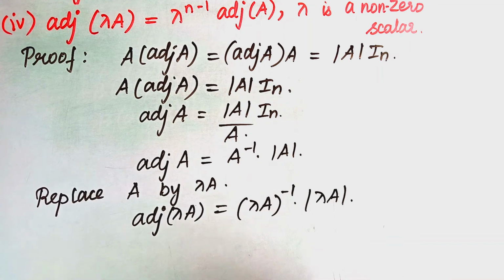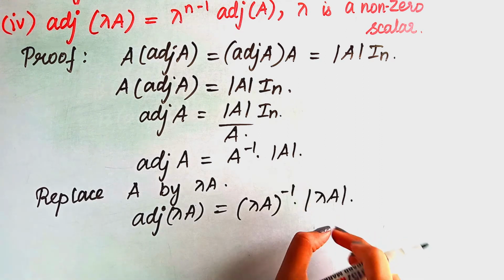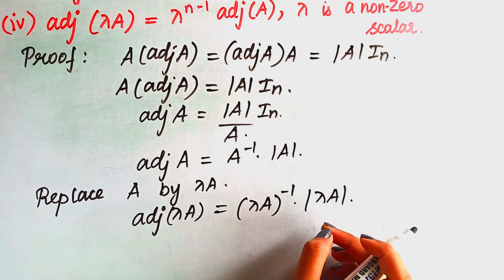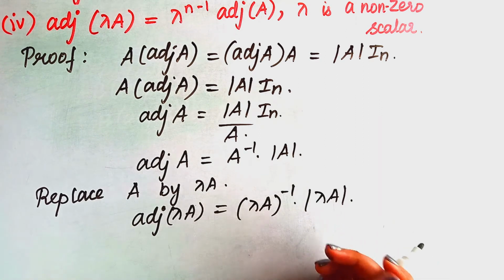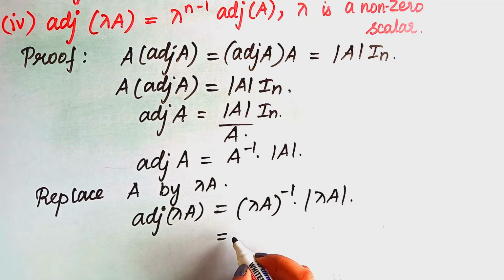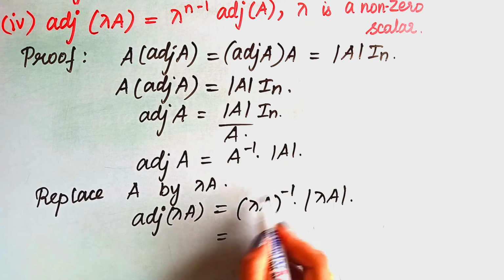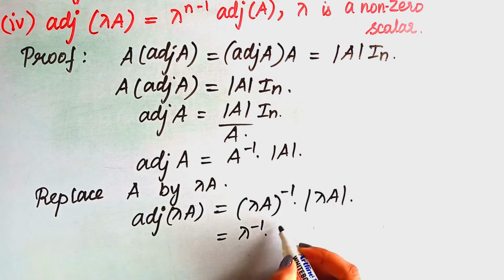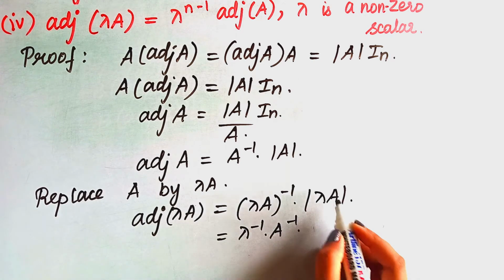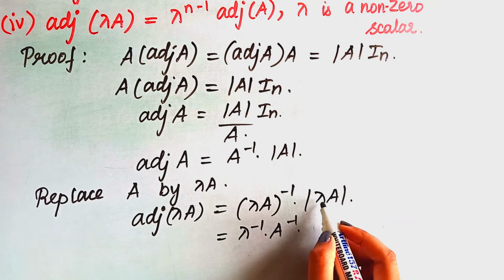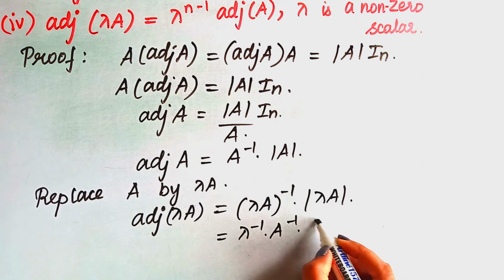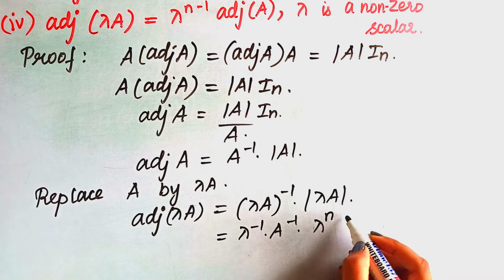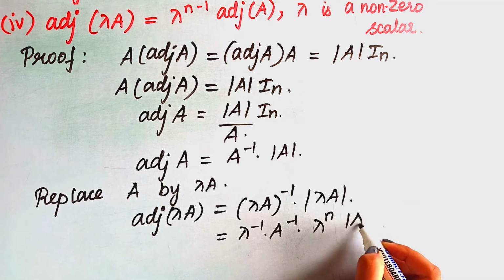Now, I have already said that if any number comes out of the determinant, then that element will have a power of n, right? So first let's multiply the inverse inside, so you'll get lambda inverse into a inverse, and then while taking lambda outside the determinant, you will get lambda power n and then determinant of a.